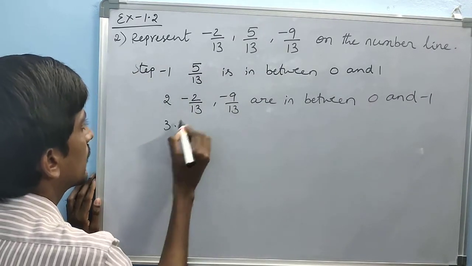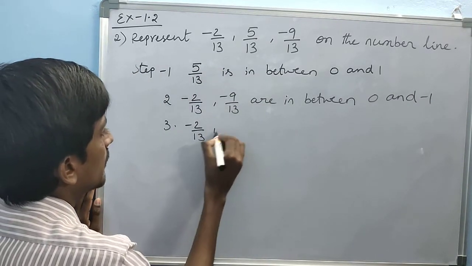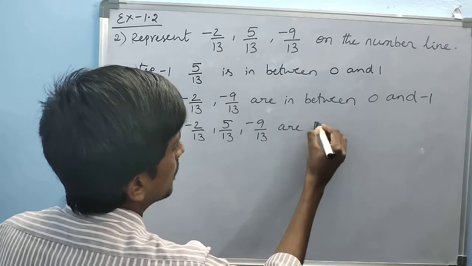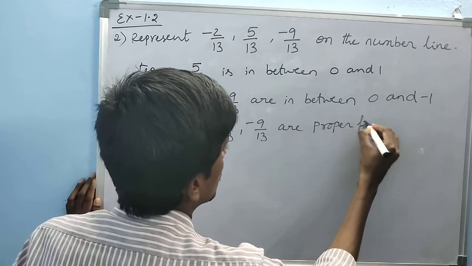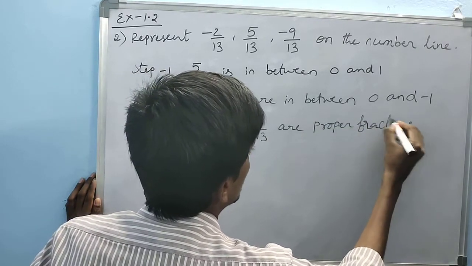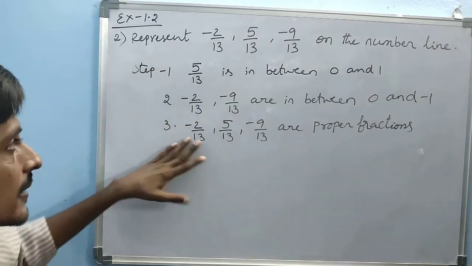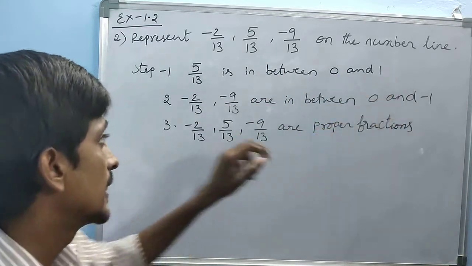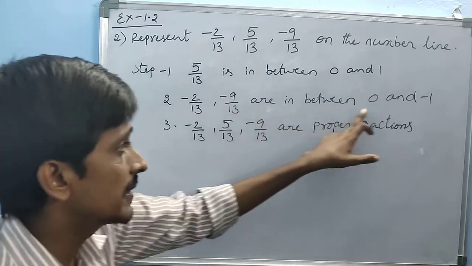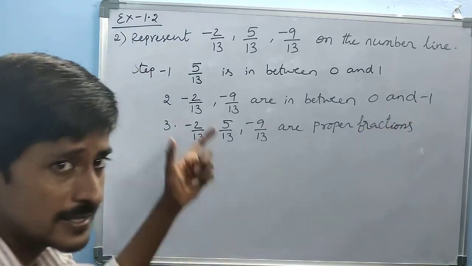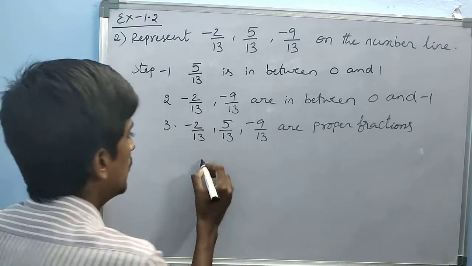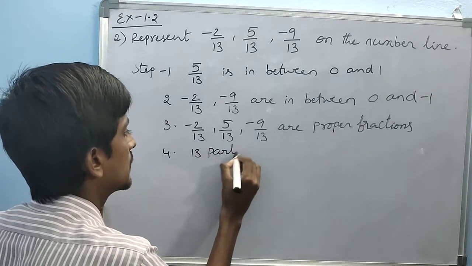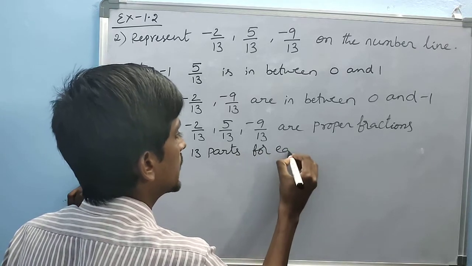Because minus 2 by 13, 5 by 13, minus 9 by 13 are proper fractions. That's why the first one is a positive number, so it is between 0 and 1. And the other two are between 0 and minus 1 because they are negative numbers. So, how many parts? 13 parts for each unit.